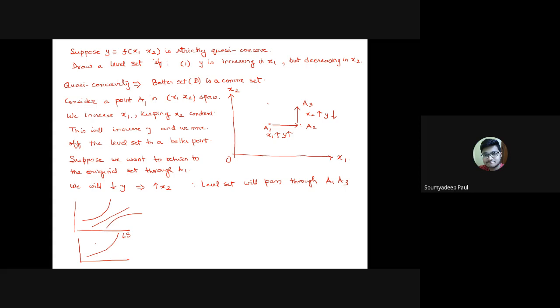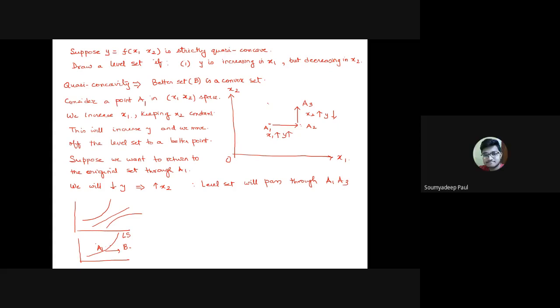Better. So suppose this is A1. Which will be the better side? So this side, the right side. So this is the better set. But we're not touching that curve. The better set will be off the curve. This is the level set.